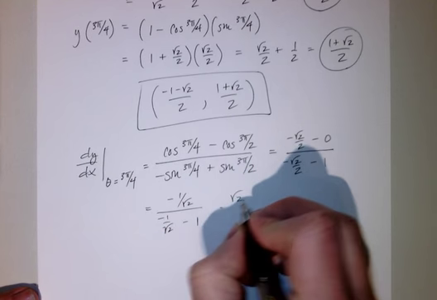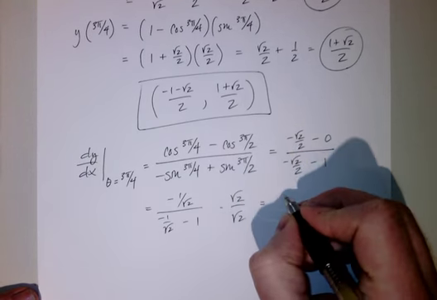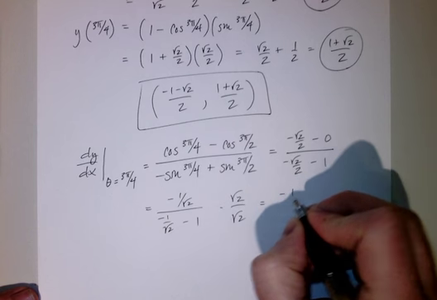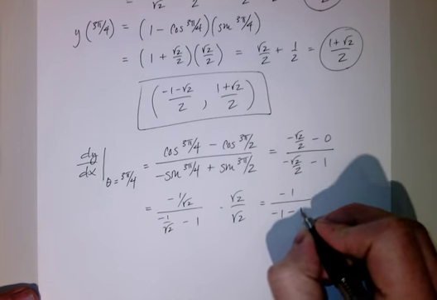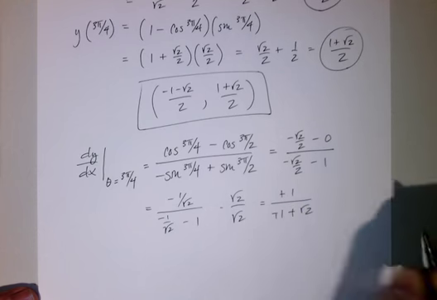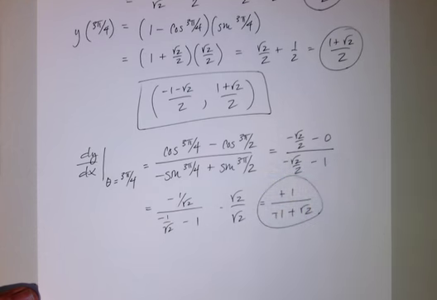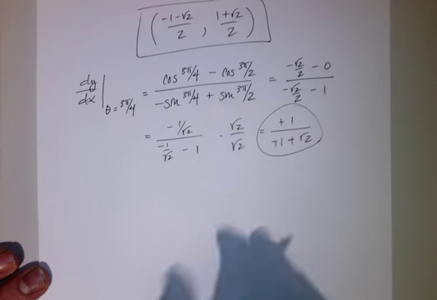So you can multiply it by root 2 over 2 and leave yourself with negative 1 over negative 1 minus root 2. Let's go ahead and turn all of that positive. And that right there is your slope. Point slope.